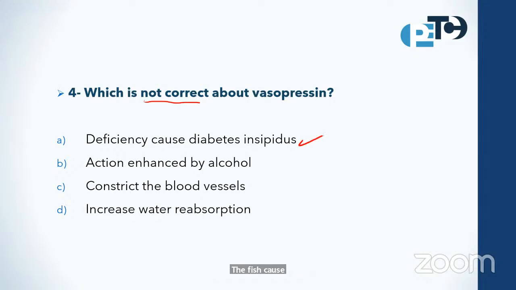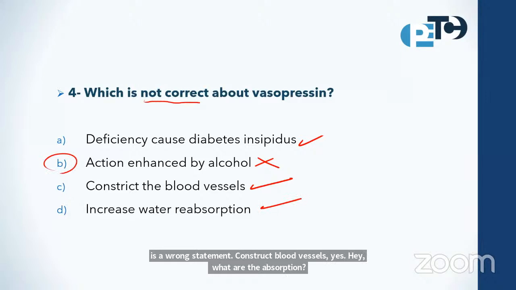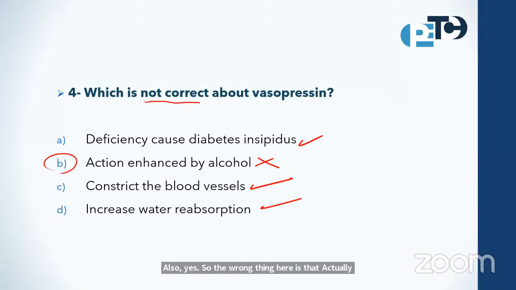Yes, it is right. This is a right statement. Action enhanced by alcohol? This is a wrong statement. Constricts blood vessels? Yes. Increases water reabsorption? Also yes. So the wrong statement here is that its action is enhanced by alcohol.